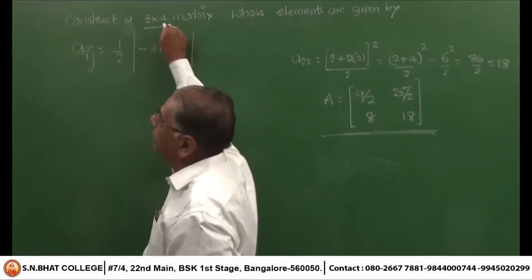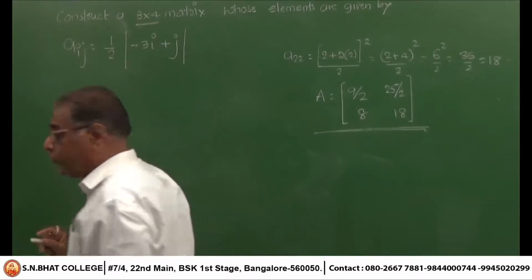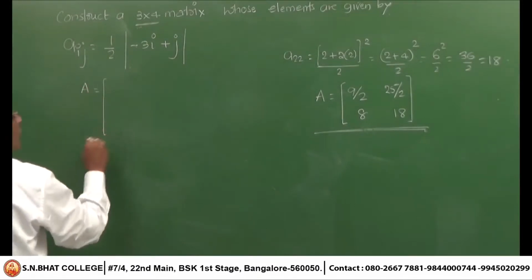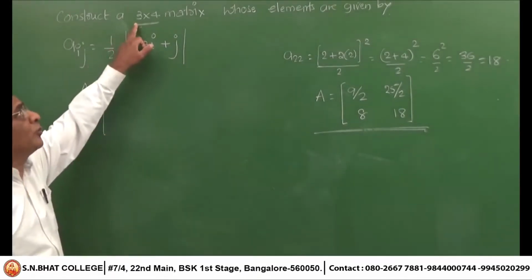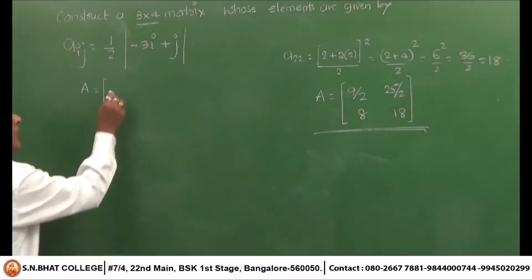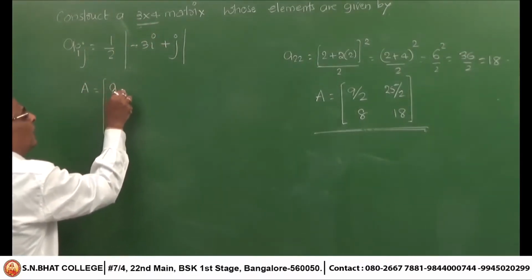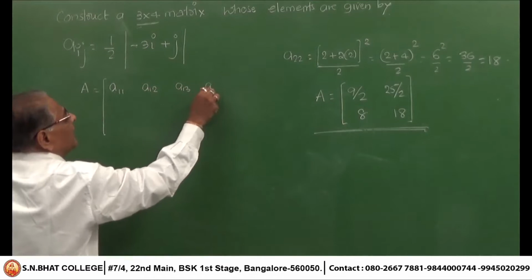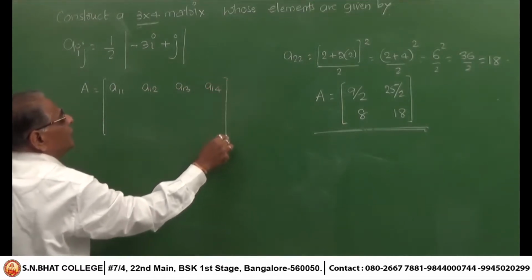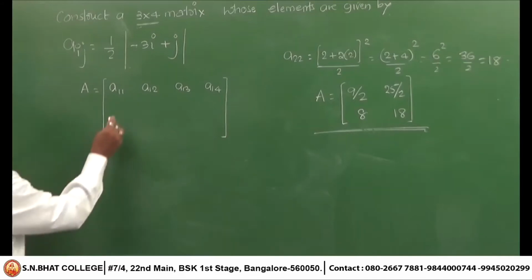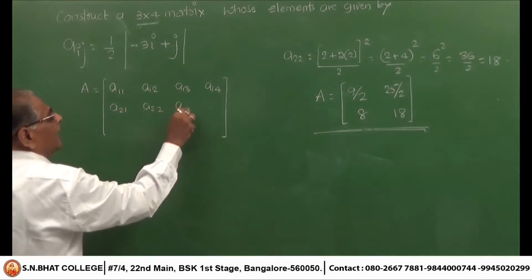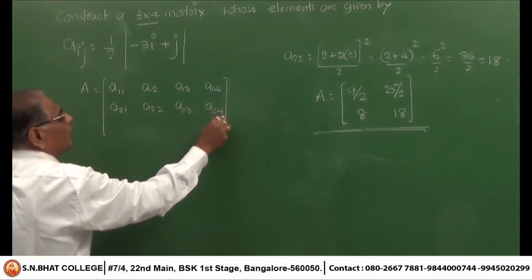We have to construct a 3 cross 4 matrix. Which form is a 3 cross 4 matrix? It has 3 rows and 4 columns. The elements are like this: A11, A12, A13, A14 in the first row. The second row is A21, A22, A23, A24.